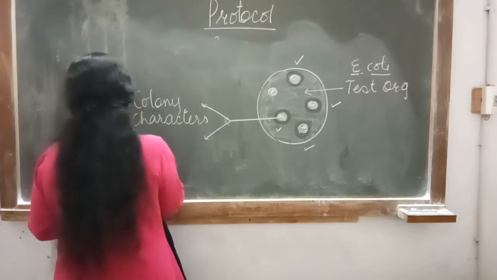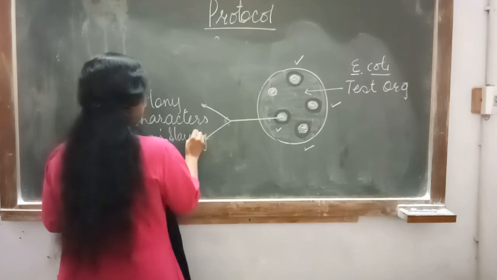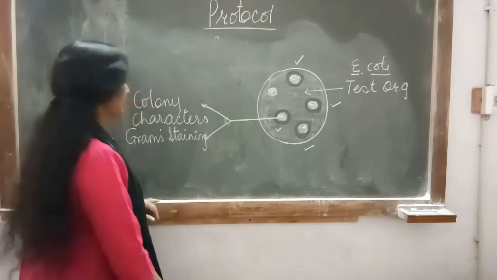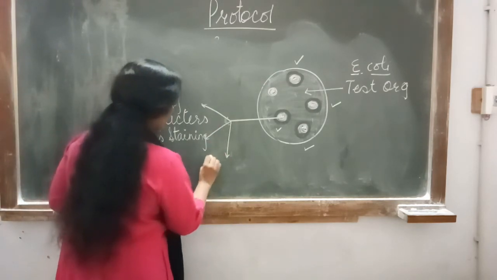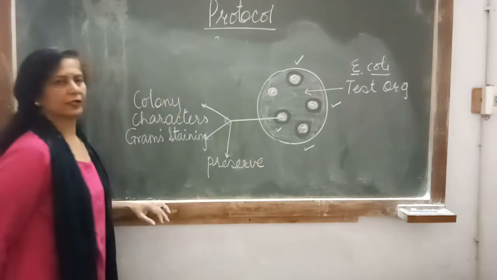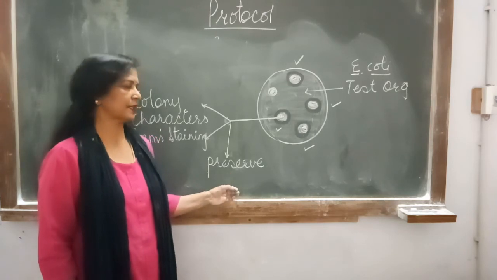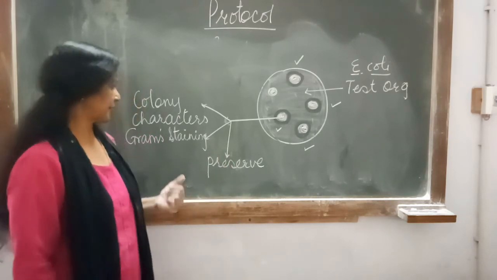Then we will carry out gram staining for further checking of the purity and contamination, and then after getting the purity, we will go for preservation of the culture in the form of agar slant. Okay, so we will stick the slant, incubate it properly, and then after we will store it in the refrigerator.